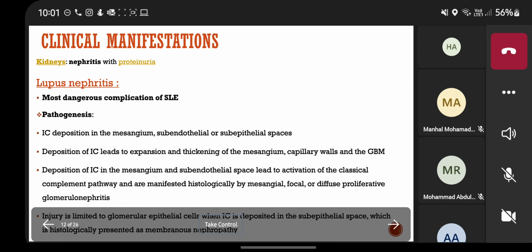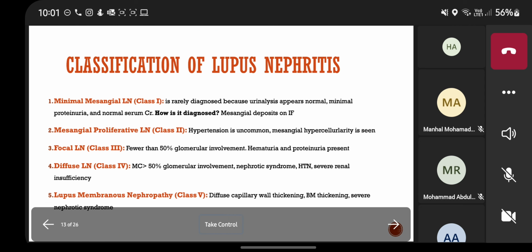However, if the immune complex is deposited in the subepithelial space, it often manifests as a nephrotic syndrome, not nephritic. Okay, elevated level of circulating tumor necrosis factor alpha correlates with active disease. So, tumor necrosis factor is expressed in renal tissue in lupus nephritis.